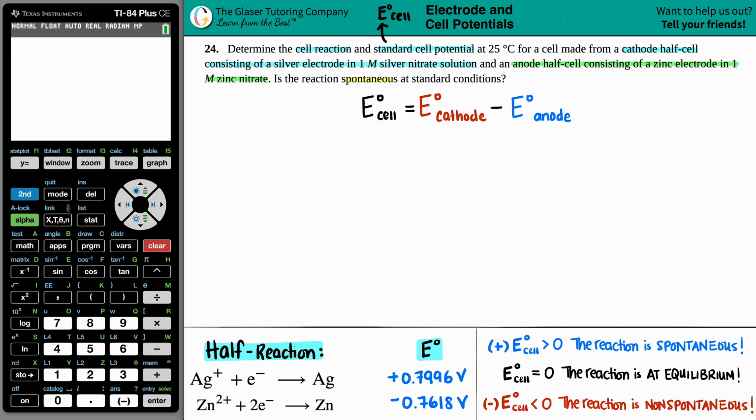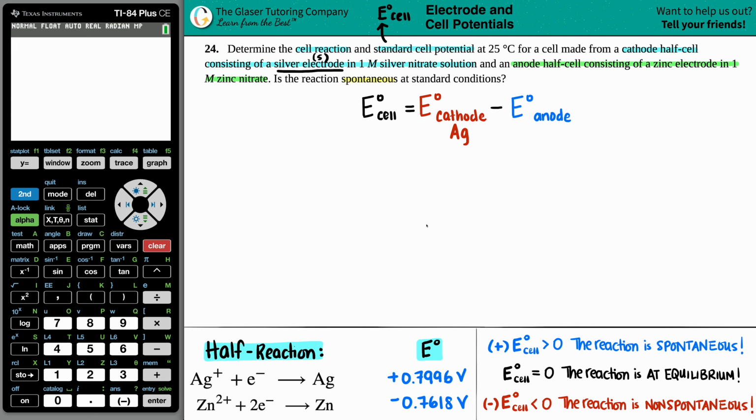Now, in this case, they did say that the cathode half cell was consisting of silver electrode. Electrode is just a fancy way for saying that I have a silver solid. Silver on the periodic table is Ag. And the cathode half cell is the silver one, so the cathode has to have Ag in it.